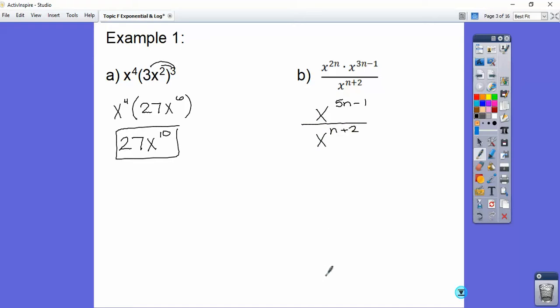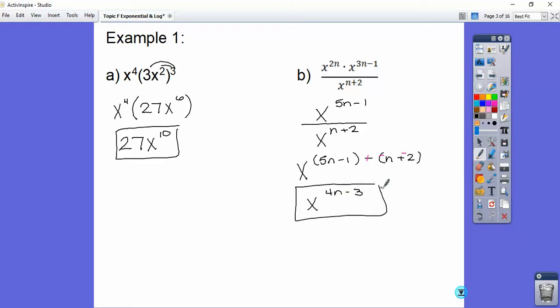If we are dividing, what do we do with our exponents? Subtract. So I have to do 5n minus 1 minus my n plus 2. So if we distribute that negative, combine like terms, 5n minus n is 4n, negative 1 and negative 2 is negative 3.